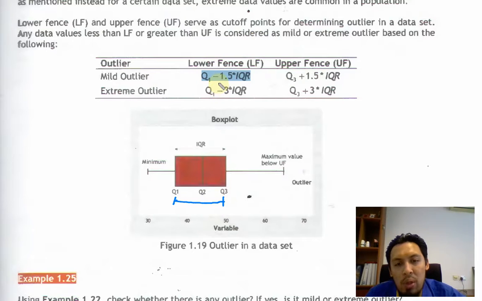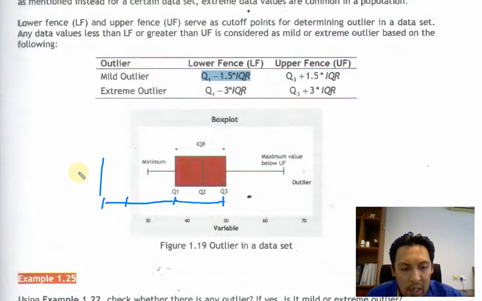When you multiply it by 1.5, whatever value that is, Q1 minus this, whatever value that is from Q1 and 1.5 more, so maybe around here, whatever value that is outside this is considered an outlier. That is the logic. The same goes for this one, Q3 plus 1.5 IQR, this length.